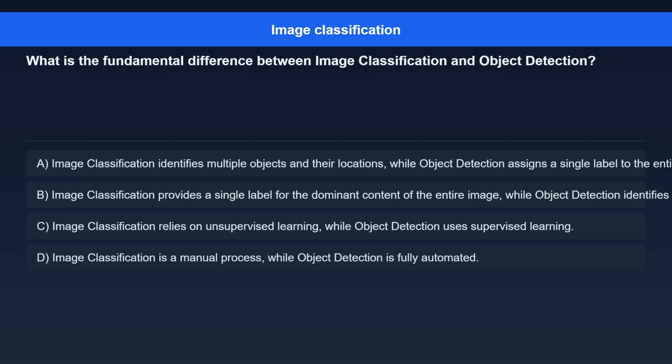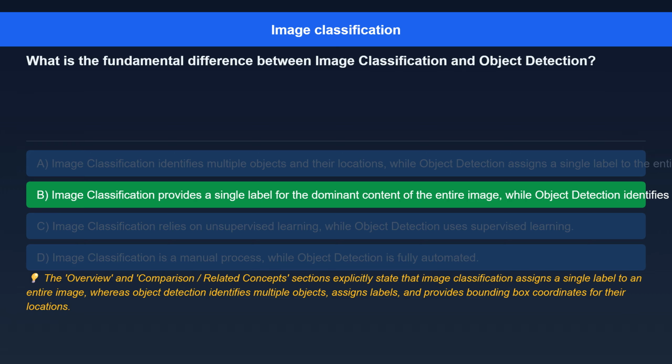Option B. Image classification provides a single label for the dominant content of the entire image, while object detection identifies multiple objects, assigns labels, and provides bounding box coordinates for each. Option C. Image classification relies on unsupervised learning, while object detection uses supervised learning. Option D. Image classification is a manual process, while object detection is fully automated.